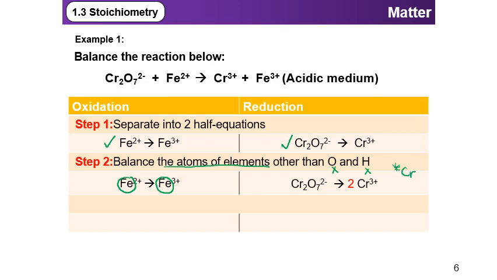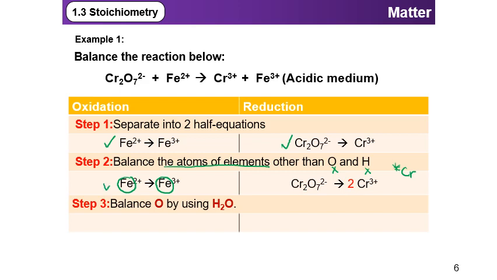Here we have 2 Cr, so on the right-hand side we need to add the number 2 so that the left-hand side and right-hand side are balanced.